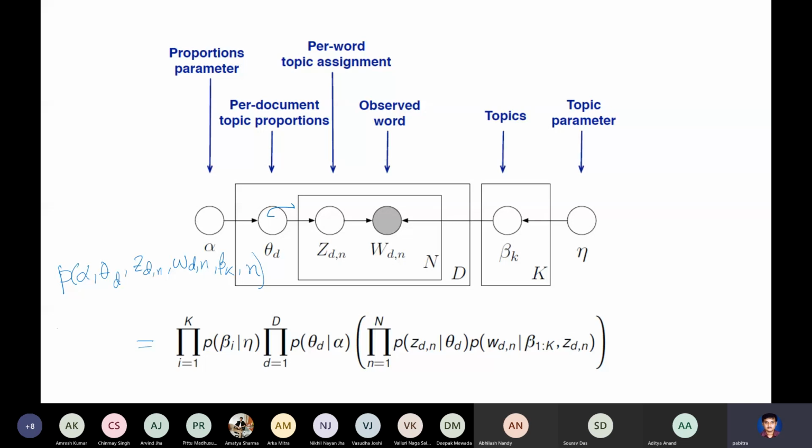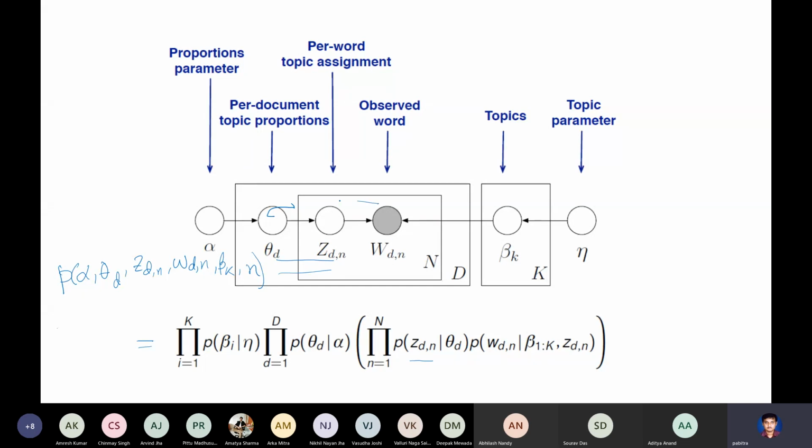Let's say basically we look at the direct influences. So the only things on which we have an influence are z dn on w dn and beta k on w dn. So let's do that. So this is a product because there are n replications and they are independent. Every word is independently generated. So it is P of z dn given theta d, into P of w.